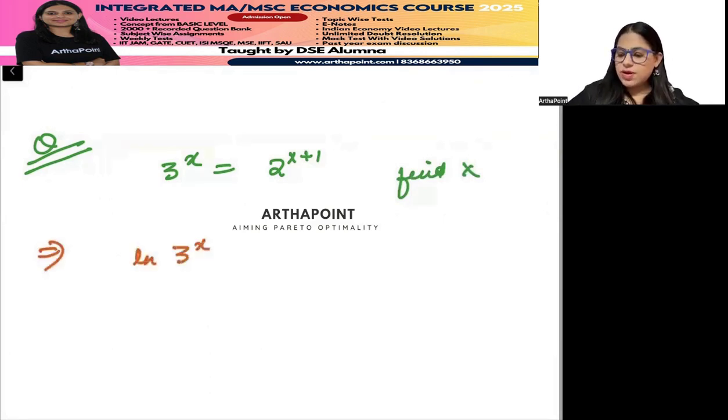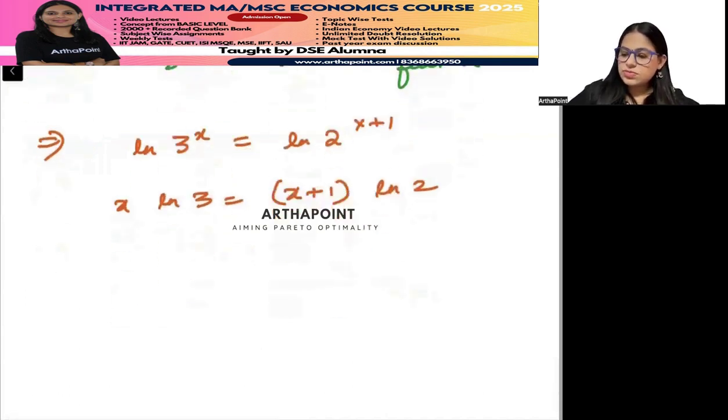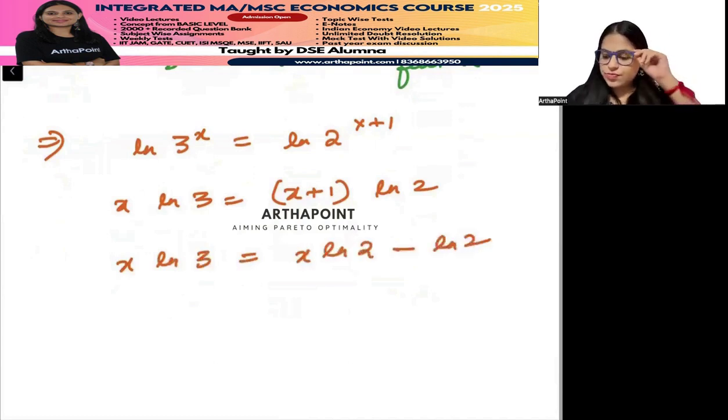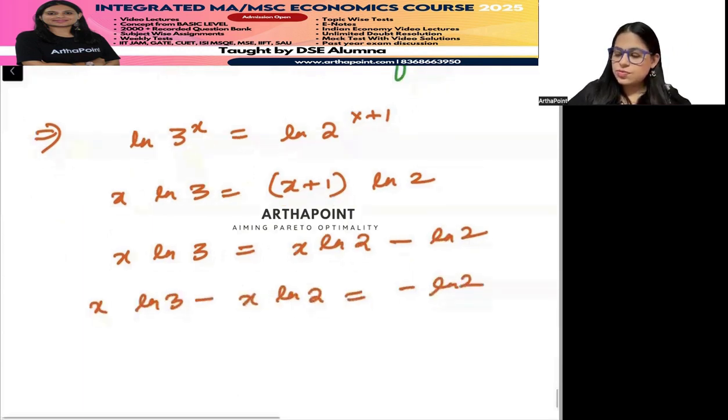So log 3 to the power x is equal to log 2 to the power x plus 1. x log 3 is equal to (x plus 1) log 2, right? So beta, x log 3 is equal to x log 2 plus log 2.